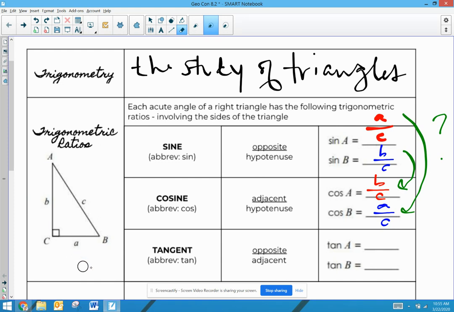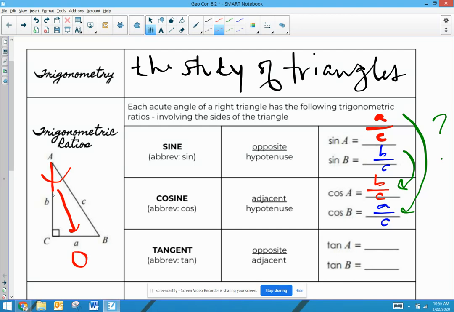All right, and then the last function is the tangent function. So that's the ratio of the opposite side of the angle to the adjacent side of the angle. So if we look at angle A again, angle A is here. The opposite side is here.